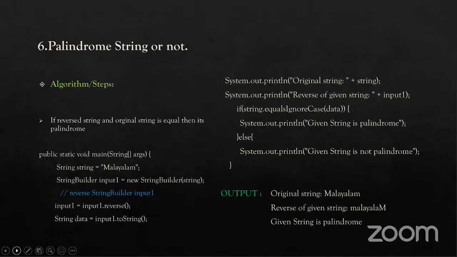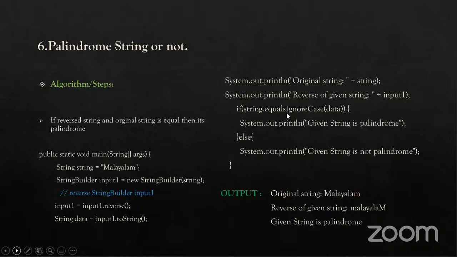We have the equals method to compare that. As I said, the equals method is case sensitive, so if one is uppercase and the other is lowercase, this will give us false. So we have another method called equalsIgnoreCase.